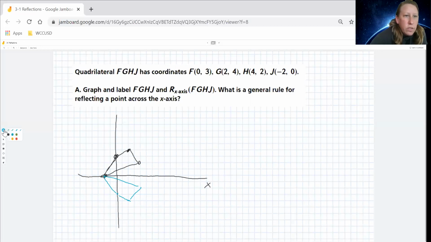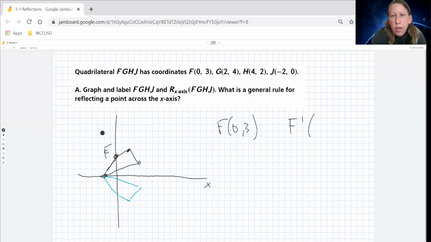So you could do it that way, or you can just list it out, because I think we're starting to see the pattern. So 0, 3 is point F. And where is F prime? F prime is going to be also 0, but it's going to flip down to negative 3 because I'm doing a reflection across the x-axis.